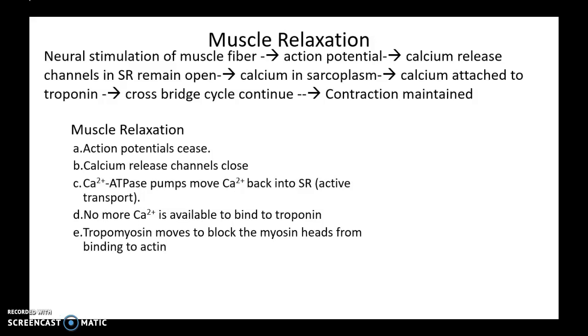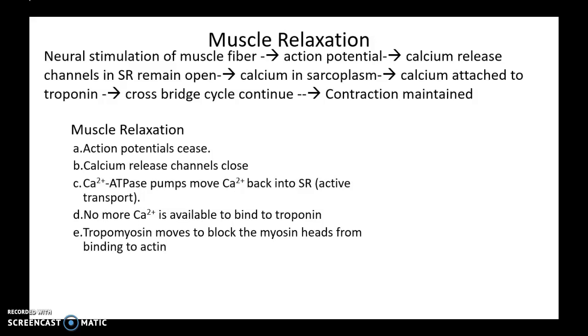Excitation of the muscle fiber will cause calcium release into the sarcoplasm from the calcium release channels. Of course, we will have an abundance of calcium in the sarcoplasm. Now, this calcium will attach to troponin. There will be cross bridge formation and contraction will be maintained.